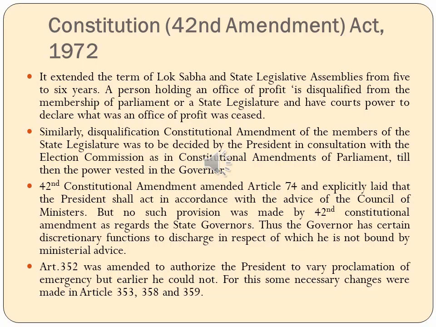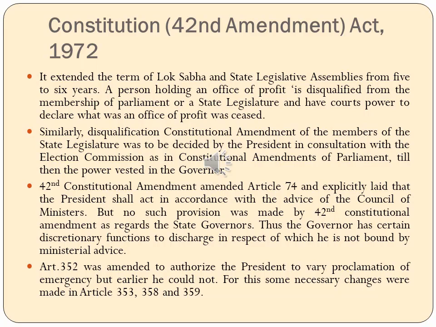Similarly, disqualification of the members of the state legislature was to be decided by the President in consultation with the Election Commission of India, and for the state this power vested with the Governor.